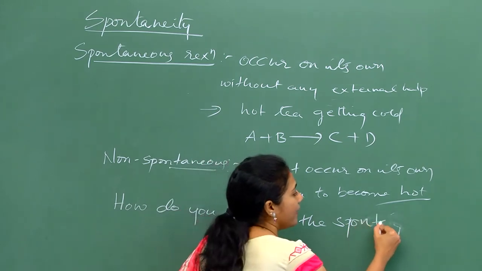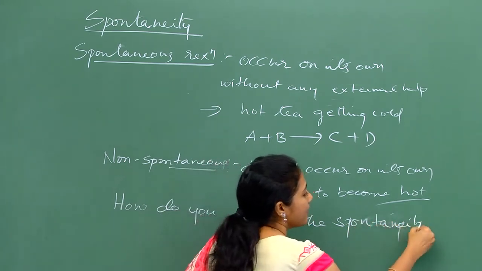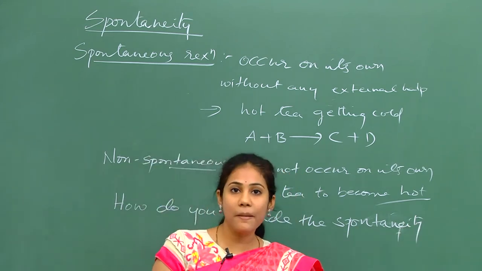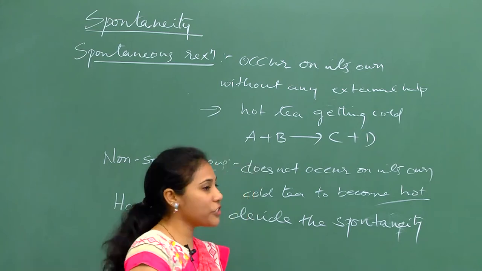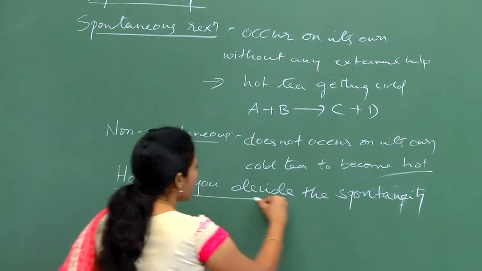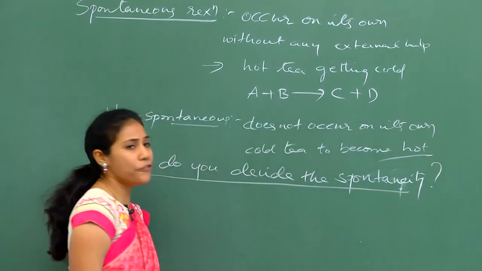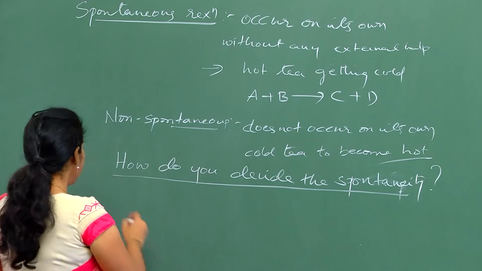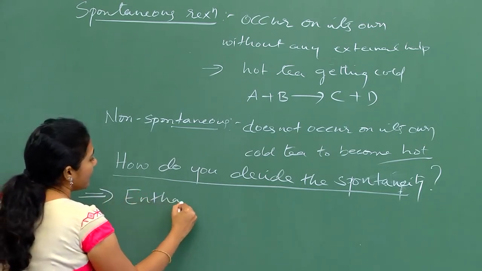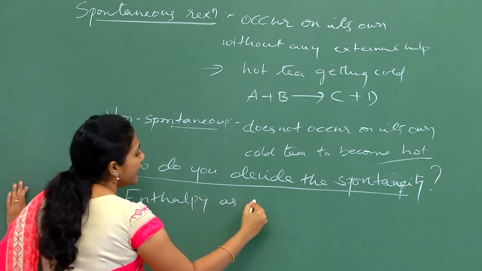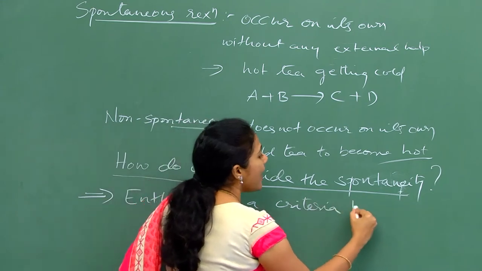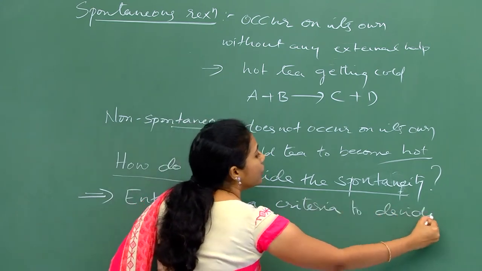Spontaneity. How do you decide? You must have some concept, some condition. Those conditions we are learning one by one. First and foremost, they thought that enthalpy could be a criterion to decide the spontaneity.